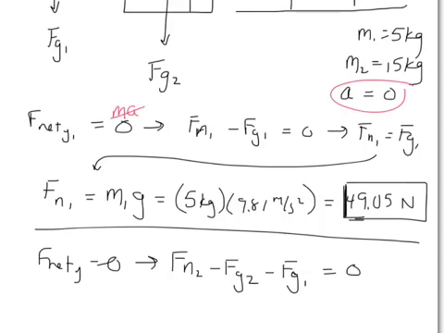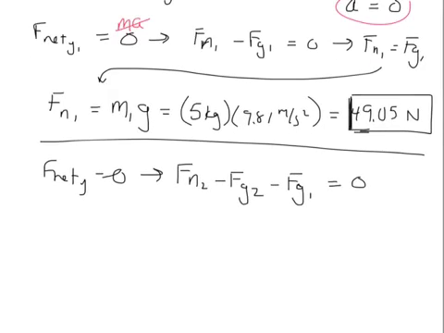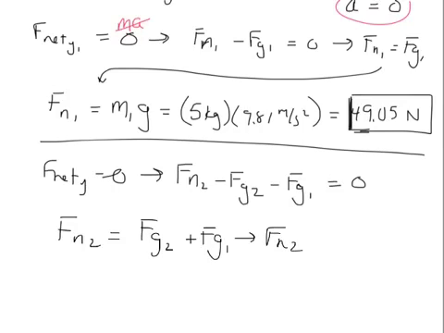We want to find what Fn2 is, so we can simply add this over and add this over. So we get Fn2, which is really equal to m2g plus m1g.